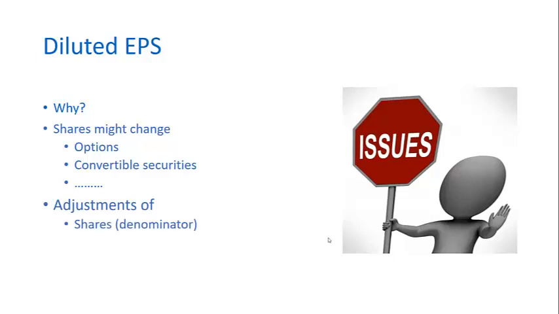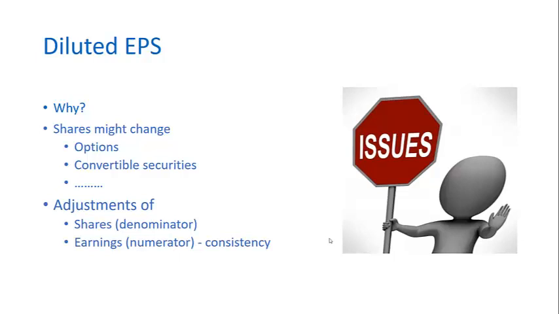So obviously when you calculate a diluted earnings per share number, you need to adjust the number of shares on issue, the denominator, to reflect the number of shares that might be issued, and you would need to adjust the earnings number, the numerator, in a consistent manner to ensure consistency.